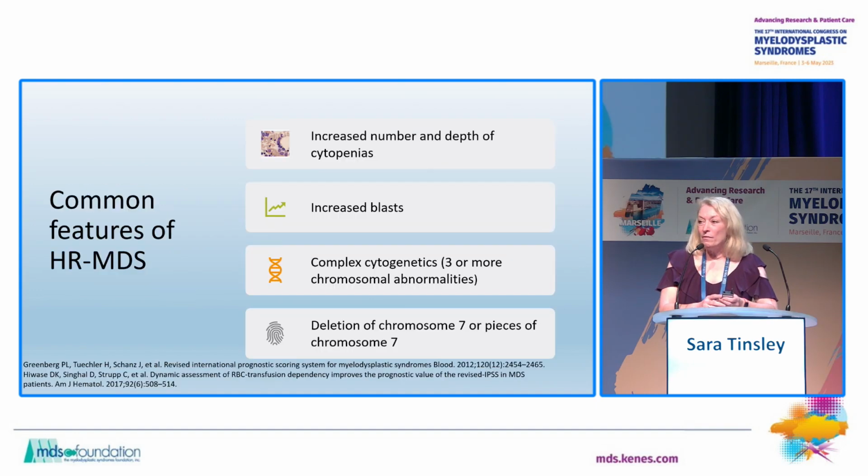But there are common features across the different models. The increased number and depth of the cytopenias, increased blasts we know are not good. The more blasts we have, when I talk to patients, the worse things are getting. And it usually correlates with the blood counts getting worse as well.